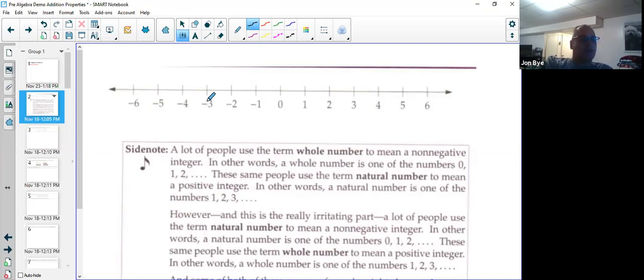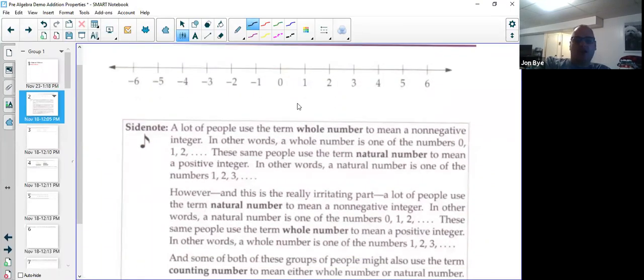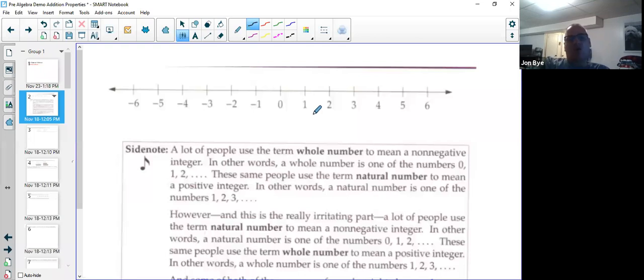There's just been some debate between people in math about what names we should call these things. Some people call them whole numbers. What's a whole number, right? Officially, I believe a whole number is 0, 1, 2, 3, 4, 5, all the way up.